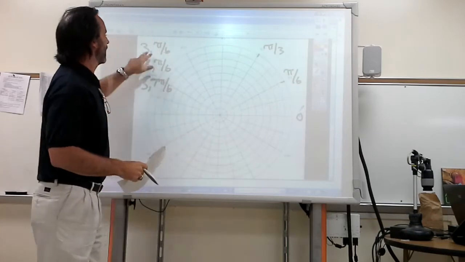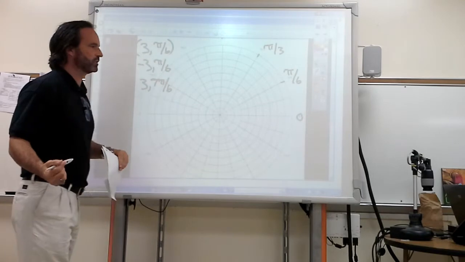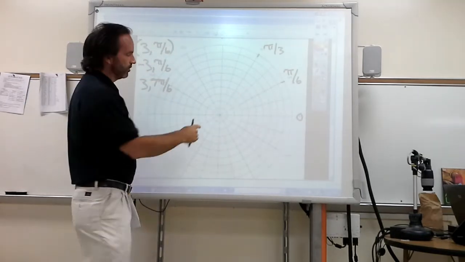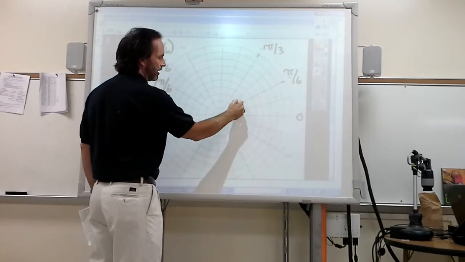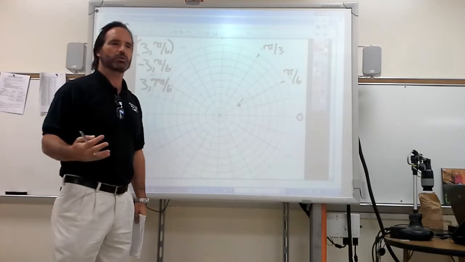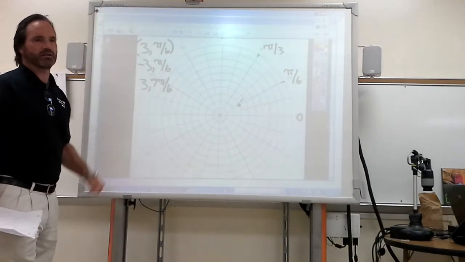So let's say I want to plot 3 comma pi over 6. I notice pi over 6, and I go 1, 2, 3. So I plot that point, and there's 3 comma pi over 6. You can also have negative. Notice I've got negative 3 comma pi over 6.